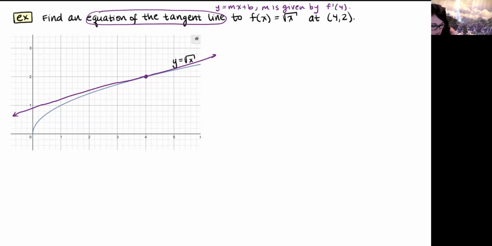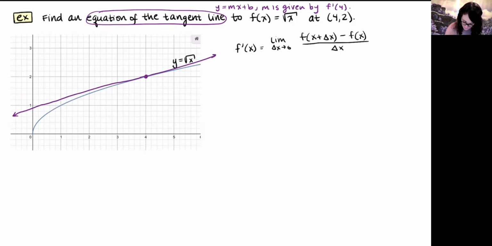So the first thing that we want to do is find the derivative, because that's going to give us the formula for the slope. All right, so f prime of x is the limit as delta x approaches 0 of f of x plus delta x minus f of x, all divided by delta x.